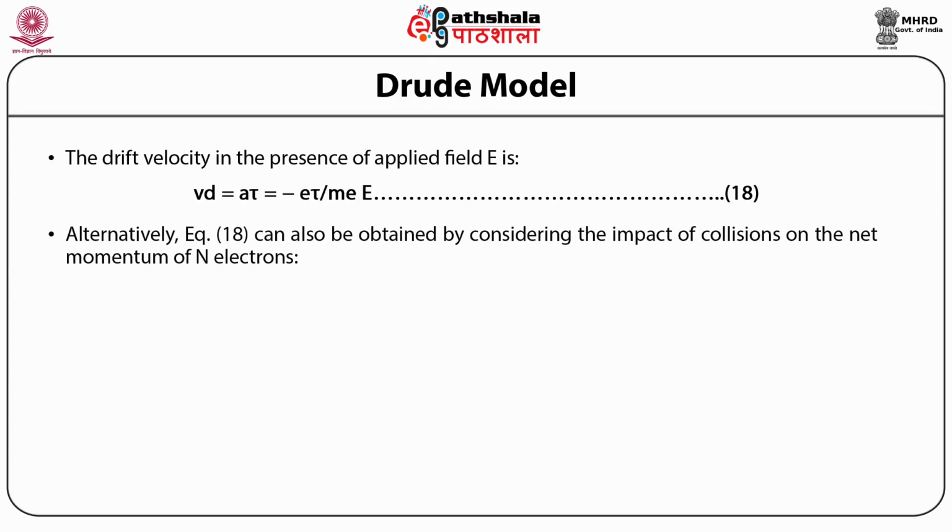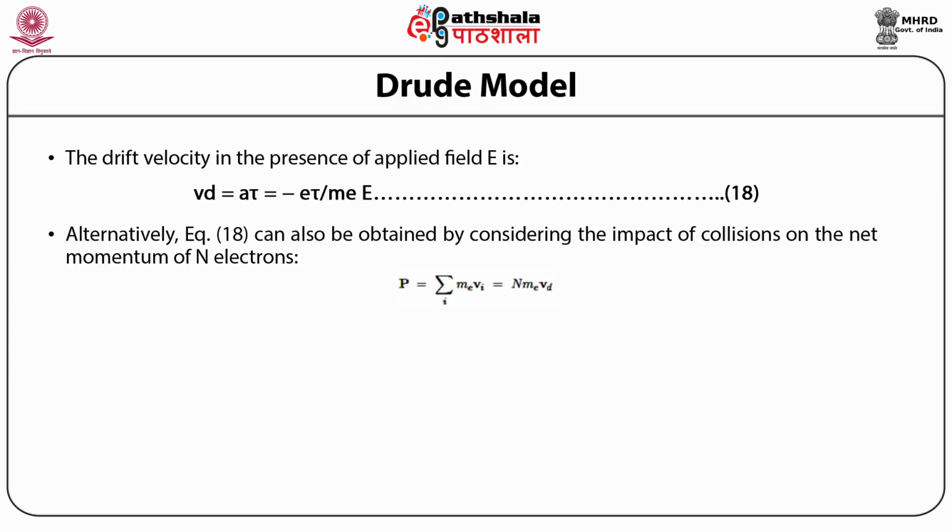Alternatively, equation 18 can also be obtained by considering the impact of collisions on the net momentum of n electrons, where P is equal to the sum of me into Vi. This is equal to n into me into Vd.